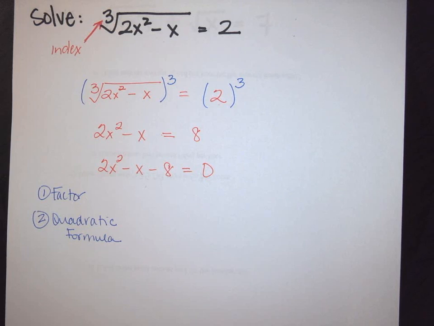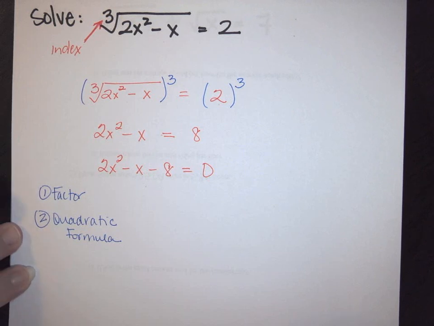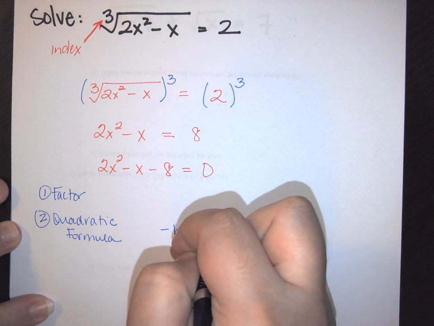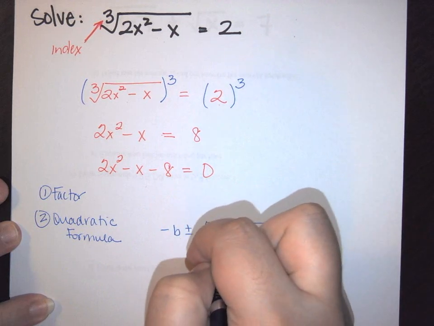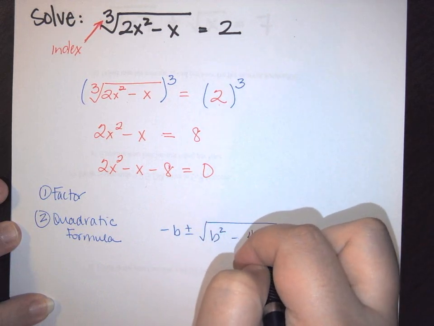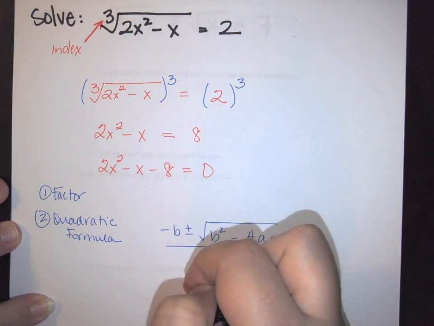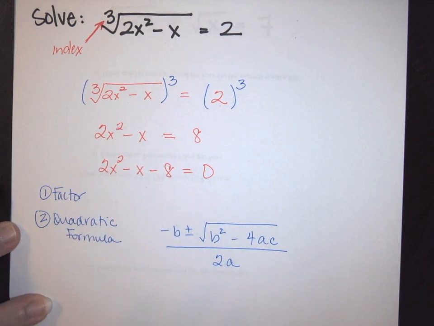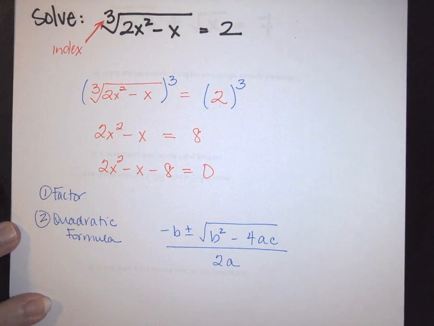Okay? So the easiest thing to do is to use your fallback method, which says, when in doubt, fall back to the quadratic formula. Negative b plus or minus the square root of b squared minus 4ac all over 2a. We have an a, b, and c that we could plug in, so you just simply plug and chug.